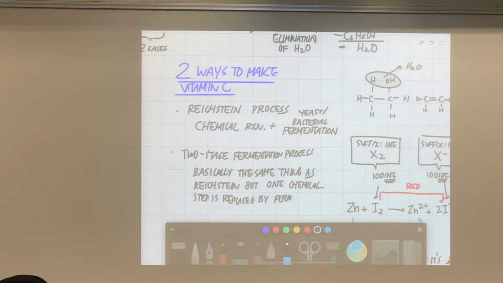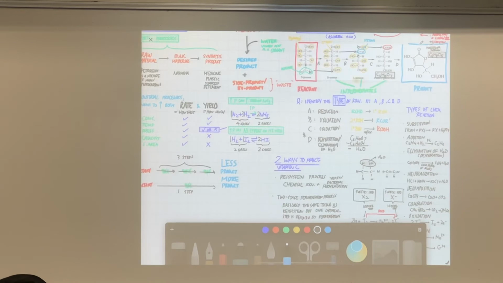So there is more involvement of bacteria and yeast in two-stage fermentation than in the Richstein process. But the reactions are the same. You're turning the same substance through the same intermediate into the same product.